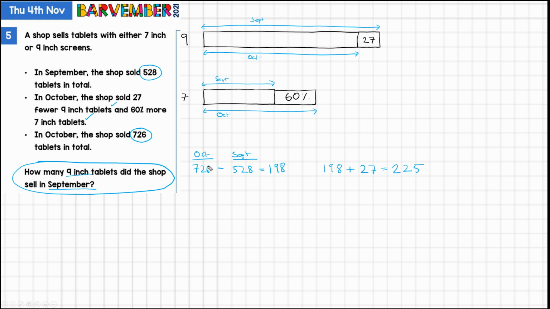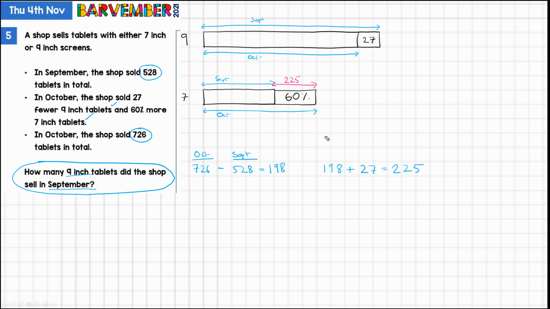That would be the same if we obviously added the 27 into here and then subtracted that. That's the same thing. Okay, so that's 225. And because we've now isolated this difference, we now know that this 60% here is 225. And when we know that this is 225, well, we can work this out, because this is 60% of that value.